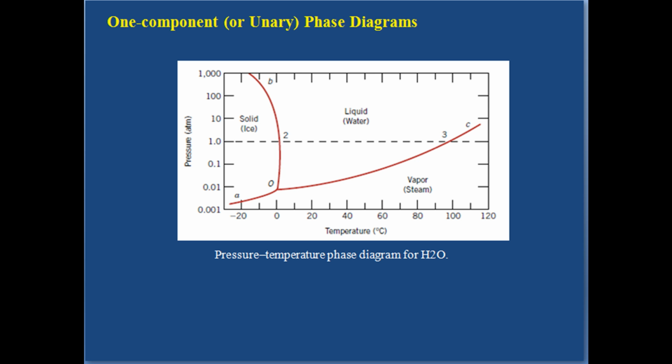Once again, in this one component or unary phase diagram, there is no composition change. Thus, the only variables are temperature and pressure. Thus, in a region of single phase, two variables, temperature and pressure, can be varied independently.